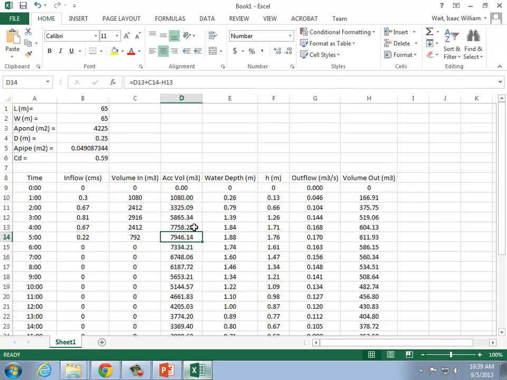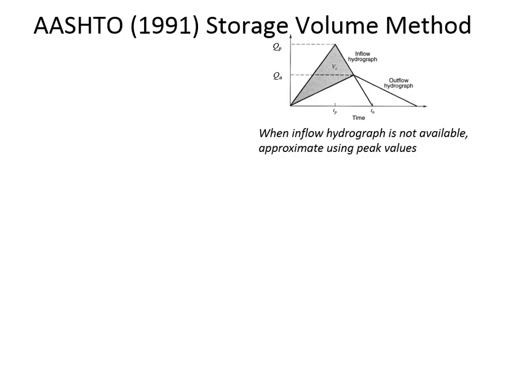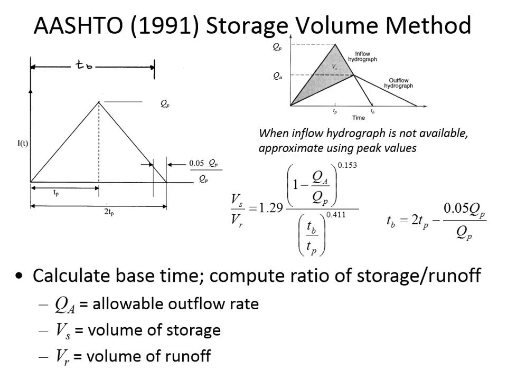Remember that there are some differences here. In the example we worked before, it wasn't a triangular hydrograph, but the AASHTO approach assumes a triangular hydrograph. It's a good, quick and dirty way of sizing a pond if you've got no other data to go from.